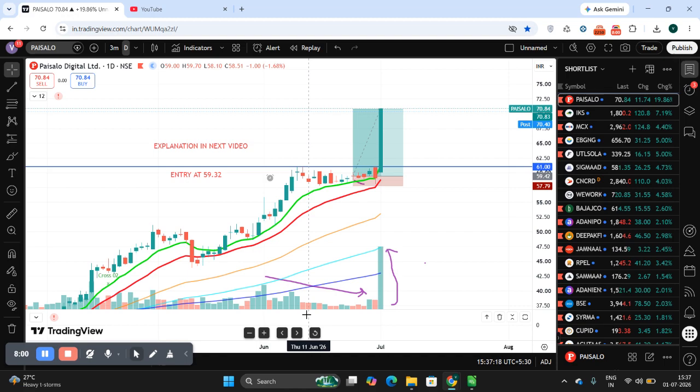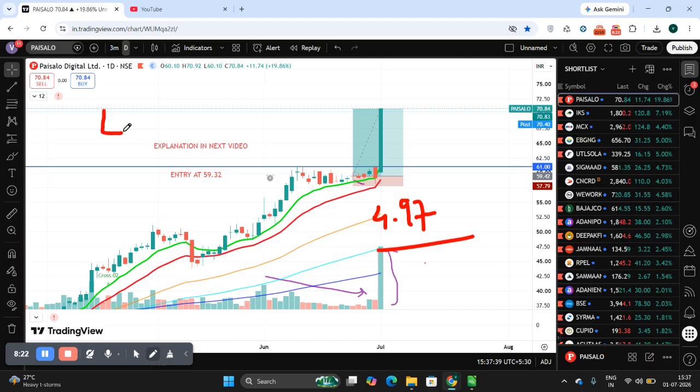The stake has been increased during the April to June quarter. This quarter, the promoter holding has increased by 4.997%, and the total ownership has increased.